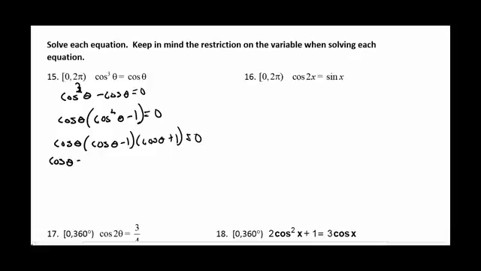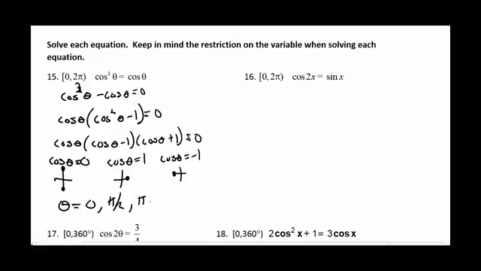So I have cosine theta equals 0, then cosine theta equals 1, and cosine theta equals negative 1. If cosine theta is 0, that means I'm up there and down there. Cosine theta is 1 puts me that side, and that's negative 1. Okay, so theta is going to be 0, pi halves, pi, and 3 pi over 2.